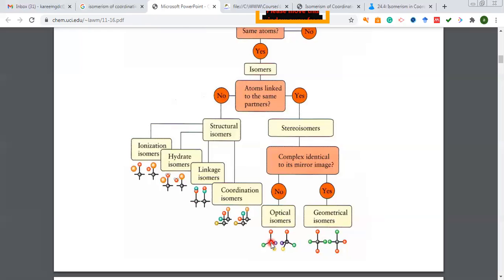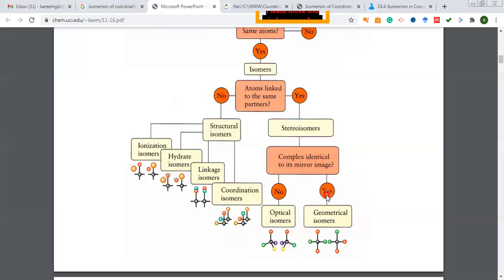Next, you see enantiomers. Enantiomers are what? Those are mirror images and non-superimposable. And diastereomers are non-mirror images and non-superimposable. Okay, so here, complexes identical to their mirror images. If identical means superimposable.